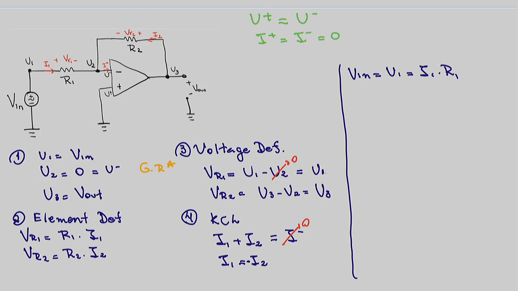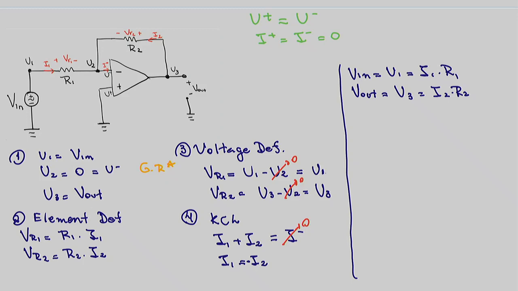I know that V out, from the equations here that you guys told me, is equal to U3, and U3 is equal to I2 times R2. Oh, where did I get this from? It's because I got so messed up here that I forgot to put this is 0. So VR2 is equal to U3.